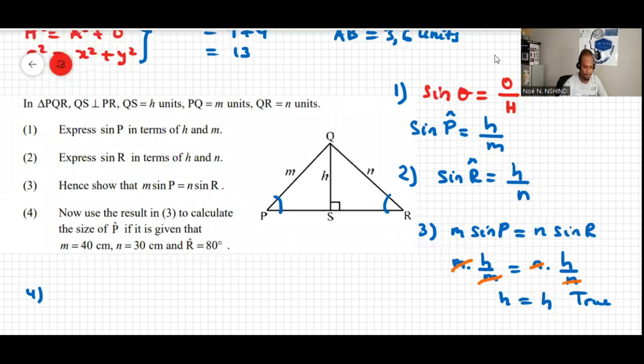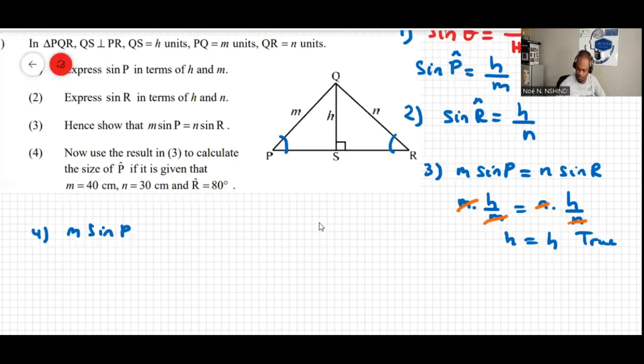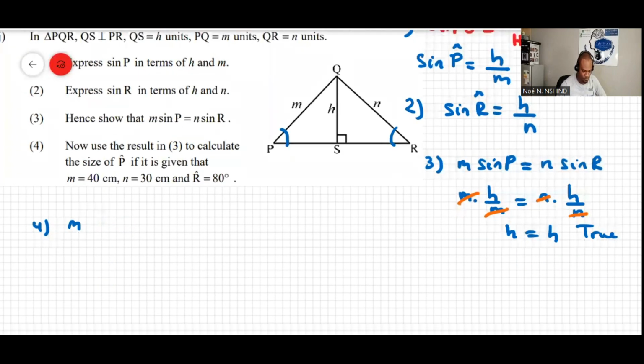So M sine P equals N sine R. M is 40 centimeters, and N is 30 centimeters.